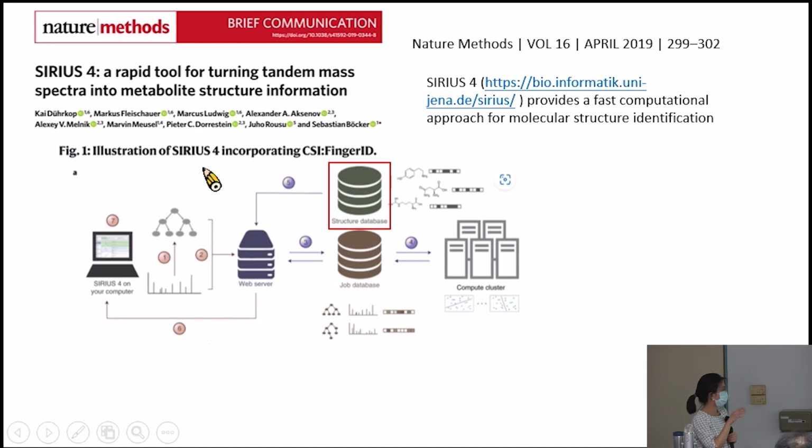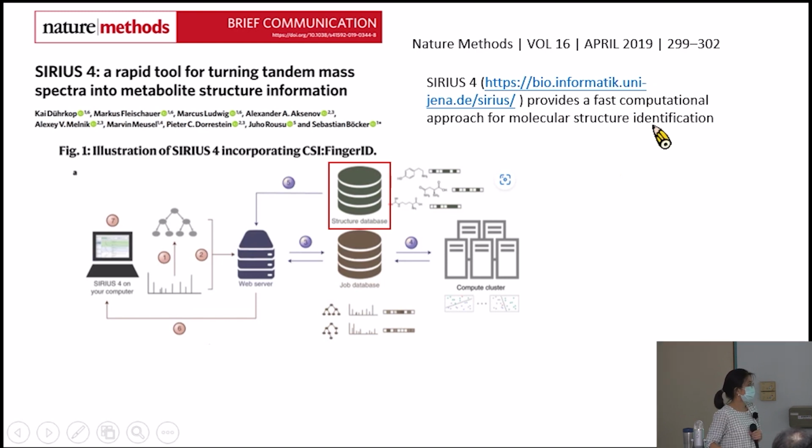This upgraded SIRIUS 4 platform combines not only the spectrum and the fragmentation, but also structural data. Theoretically, according to the authors' description in the paper, they believe that SIRIUS 4 can provide a fast computational approach for structure identification. Next, I would like to show you how to use this platform.